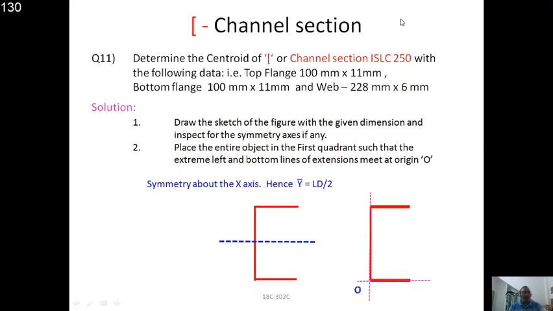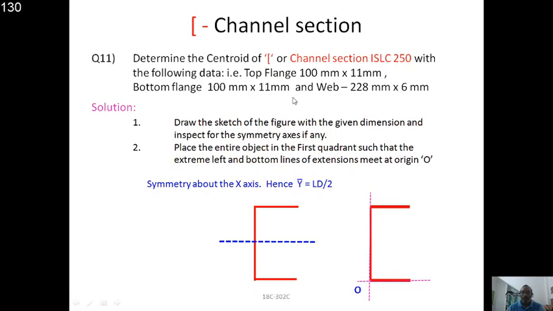Now we are moving towards the channel section. In this channel section we are taking an ISLC 250 with the following data. The top flange is 100 mm by 11 mm and the bottom flange is 100 mm by 11 mm.